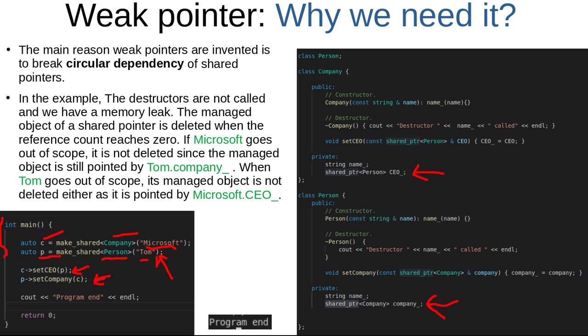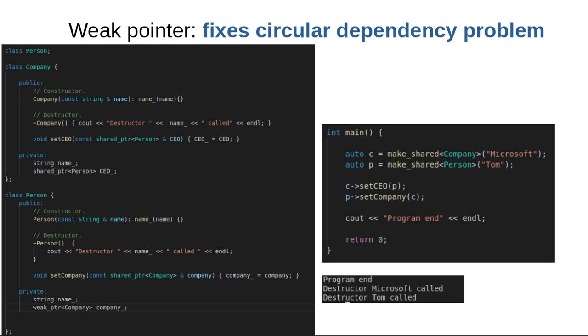Each one depends on the other, and there will be a circular dependency. This is why at the end of the program, you see program end without calling the destructor of any of the two objects. So weak pointer fixes the circular dependency problem.